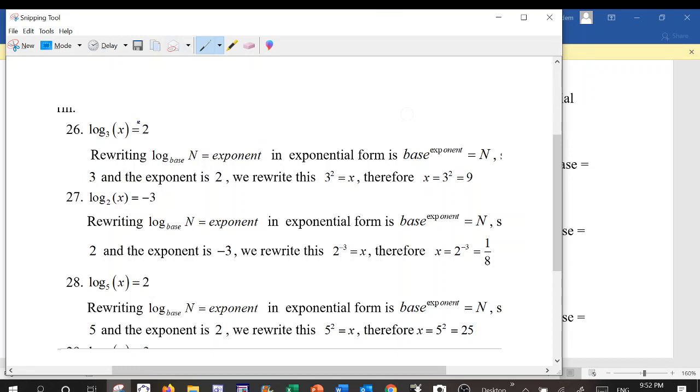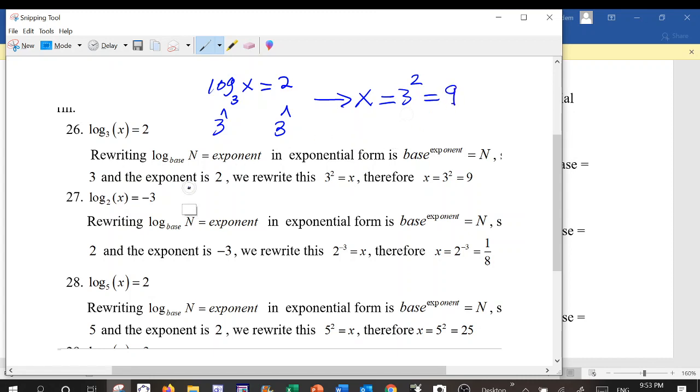This one right here says that log base 3 of x equals 2. To take care of this, we have to get rid of log. So again, we do 3 to this side and 3 to this side. What do we get? On the left, remember the bases here are the same. The base here is 3, the base here is 3. They cancel each other, so we get x equals 3 to the second power, which is 9.